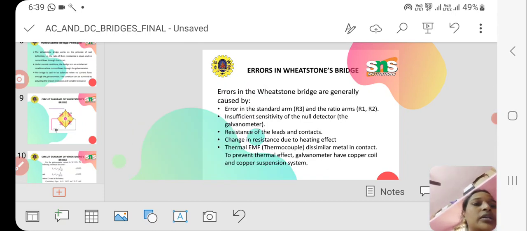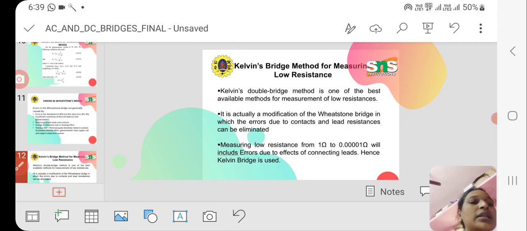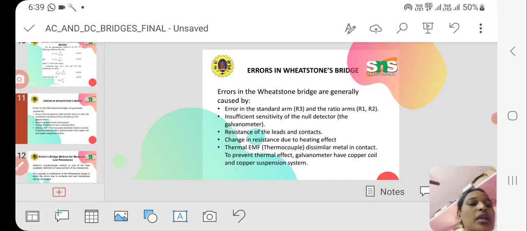While measuring the resistance value, the Wheatstone bridge generally causes some error. Errors in the standard arm and in the ratio arms R1 and R2 are very common. The galvanometer also shows insensitive or insufficient null deflection when we go for measuring low resistances.